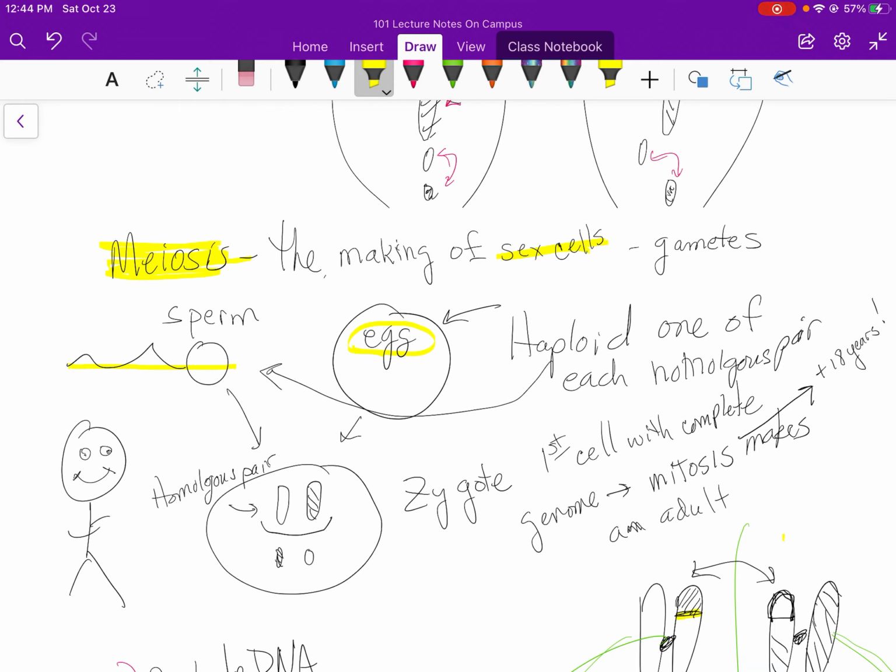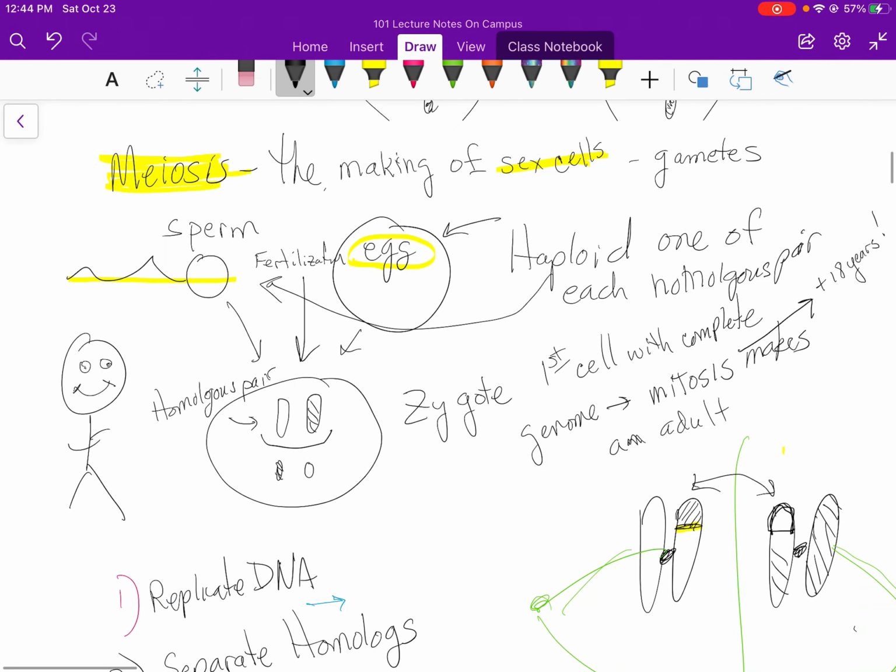And what will happen eventually is they will join together in the process of fertilization, and that will yield a single zygote.